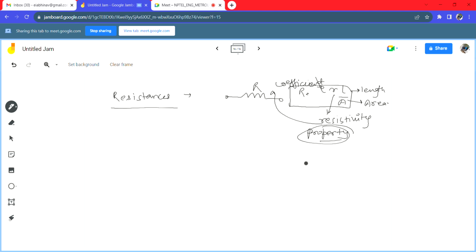So every time the length and area of the wire changes, the resistance changes.